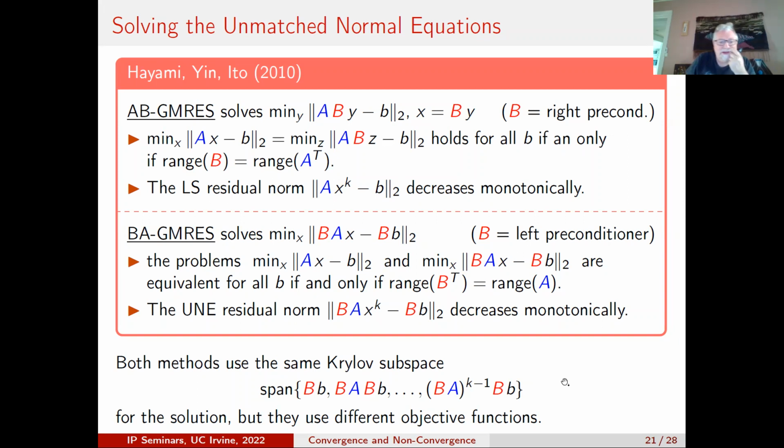I should also mention here that both methods actually work in the same Krylov subspace, this particular Krylov subspace here, but the AB and BA GMRES have different ways to compute a solution, so they produce slightly different iterations. So mathematically, they are two different methods.